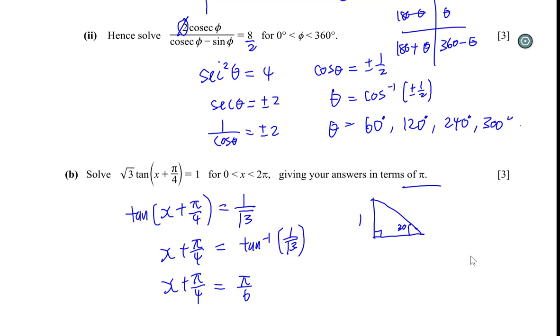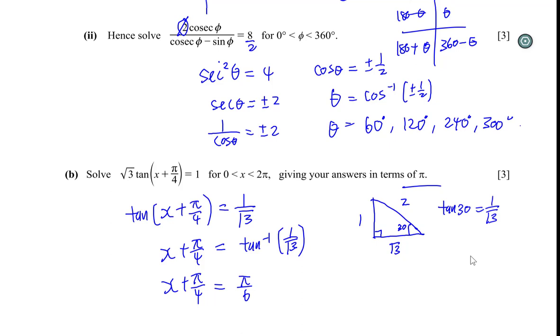Oh, this is square root 3. Sorry, this is 2. This is 2. Yeah. So you need to remember this triangle. So therefore, tangent 30 is opposite over adjacent, right? So it's 1 over square root 3. So it's 30 degrees. Then 30 degree in radian we call pi over 6.